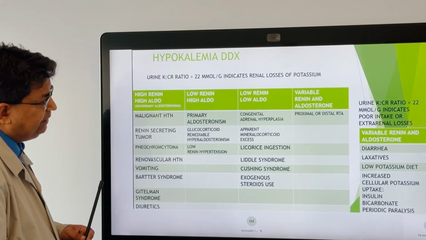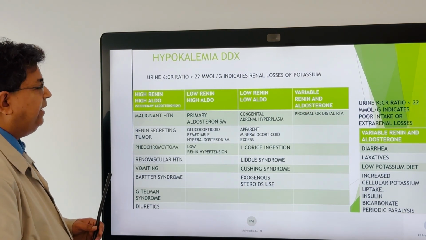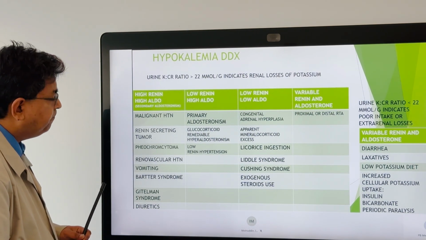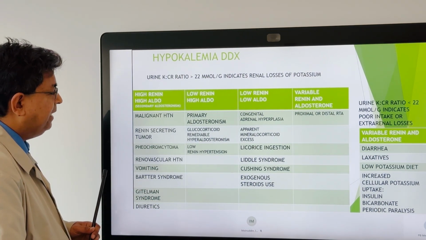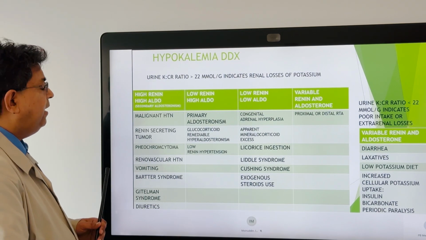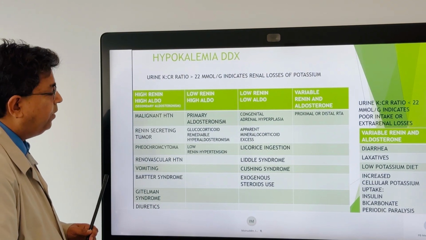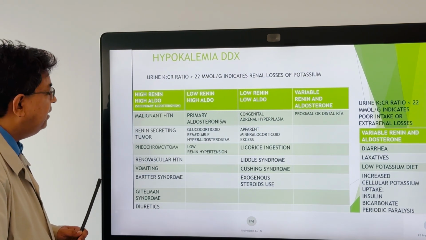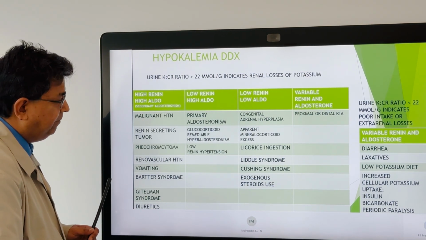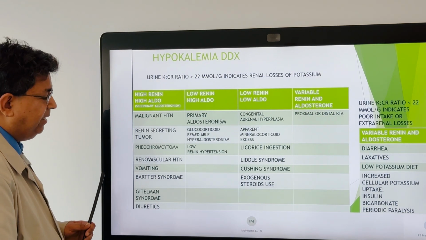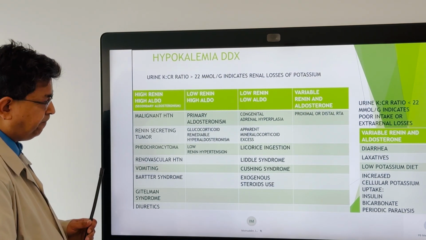In proximal or distal renal tubular acidosis, the renin and aldo can be variable. Discussion of some or all of these topics can be found in other sessions of board review or in individual sessions to follow after the 8 sessions of board review and may be dependent upon your preferences.